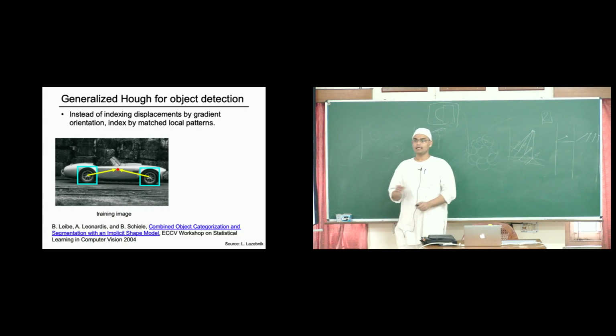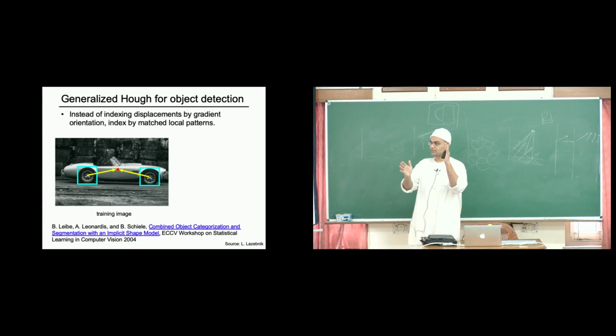Last time I made a dictionary, a key value pair. The key there was the gradient direction, and the value was the displacement vector.